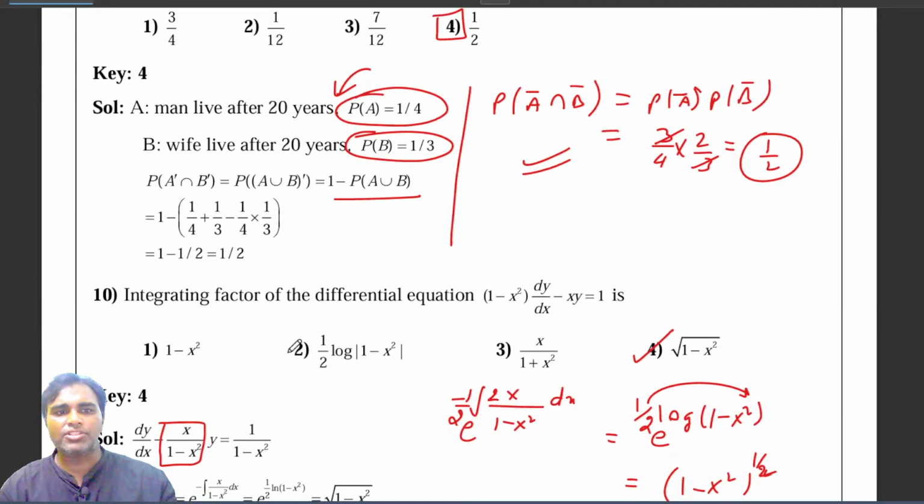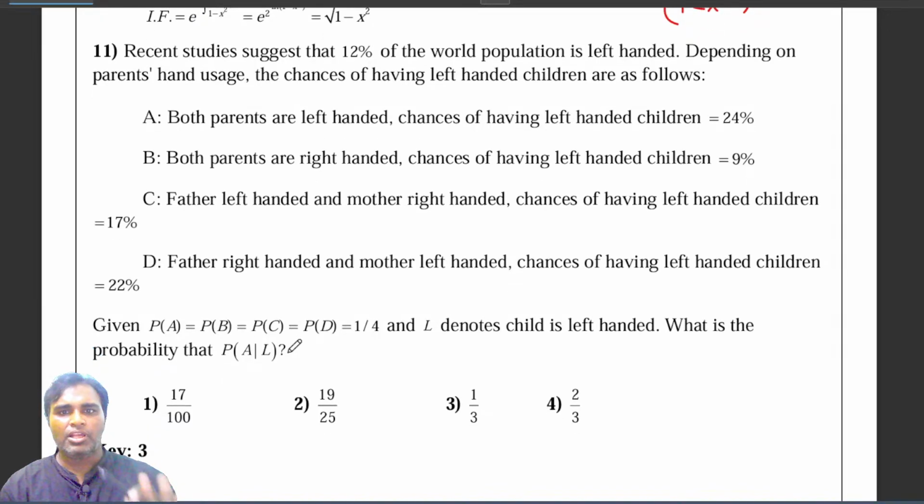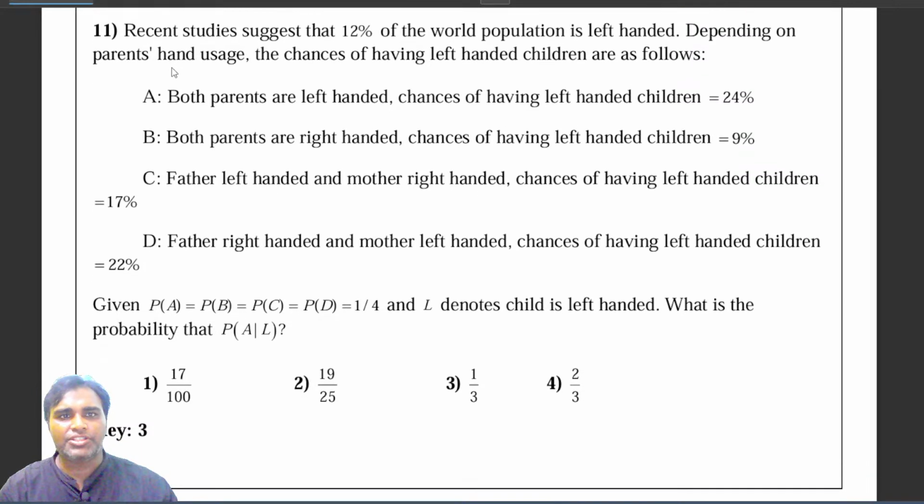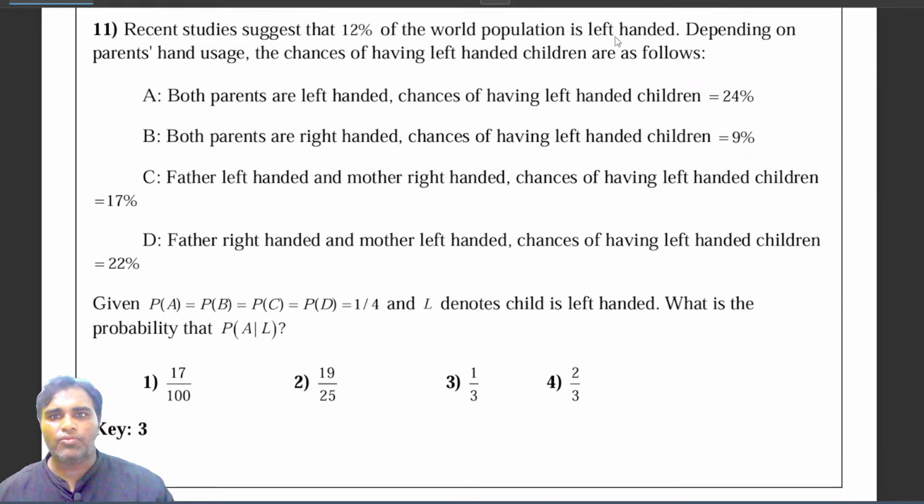Clear? Now let's come to 11 to 20. Let's see this question. 11th one, very big but very much easy. As you can see, 12% of the world population is left-handed. Depending on the parents' hand usage, the chances of having left-handed children are as follows.